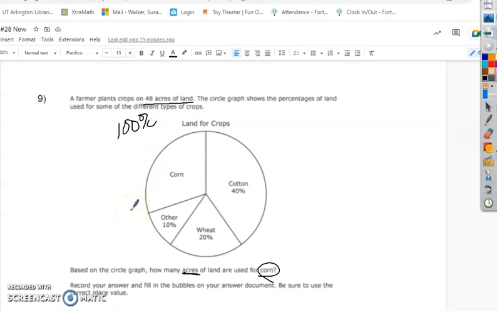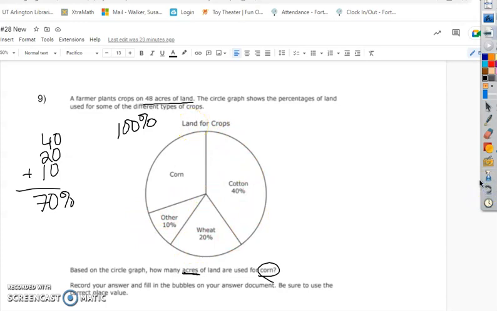So I could set this up as an equation, but I don't think most of y'all would necessarily do that. So what I would do is I would add the 40, 20, and 10. Okay? Let's add the percents we know. And hopefully you're getting 70%. Oops, my bad. The rest of these are 70.